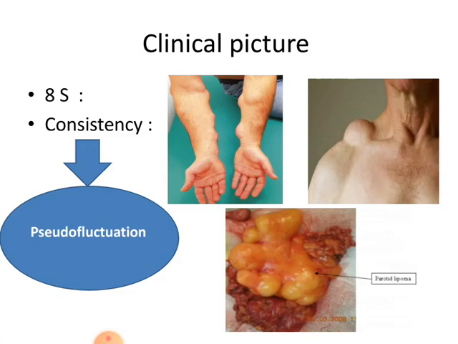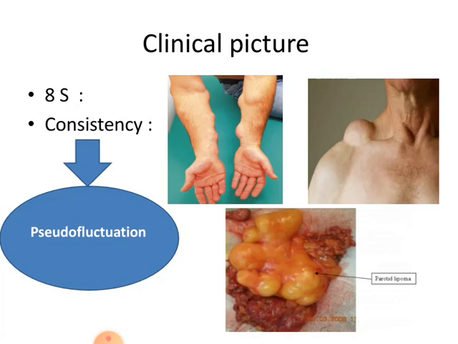Lipoma is actually a solid lesion, not a cystic lesion, but it gives the picture of fluid movement inside a sac. But it's not actually fluid, it's fat, because the fat is very soft. So it's called pseudo, not true fluctuation.